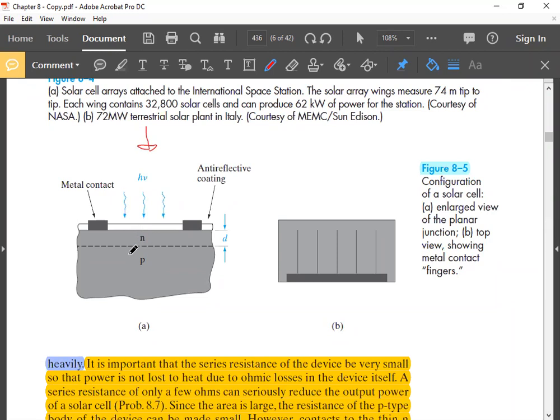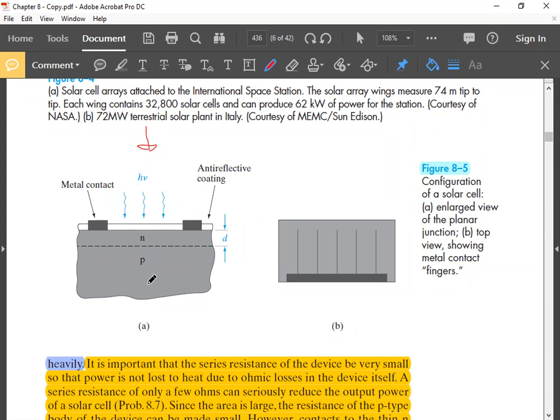Remember, the carriers which are generated within the depletion layer or near the depletion layer, those are useful. Those take part in the current conduction, optically generated current conduction. So this light has to penetrate up to that depth. Okay, so that's why the PN junction has to be close to the surface.